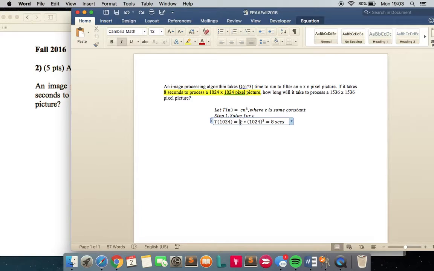As you can see, we have c on one side of our equation equal to a number. Therefore, we can solve for c. c equals 8 divided by 1024 cubed.